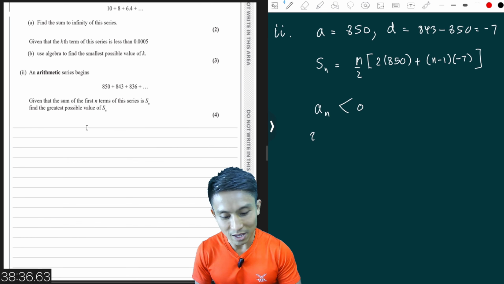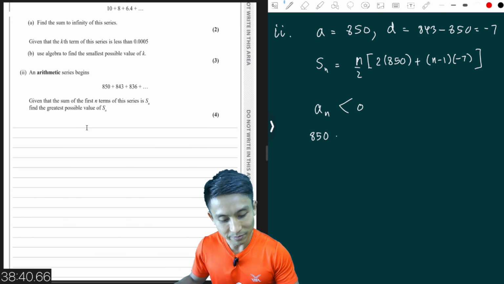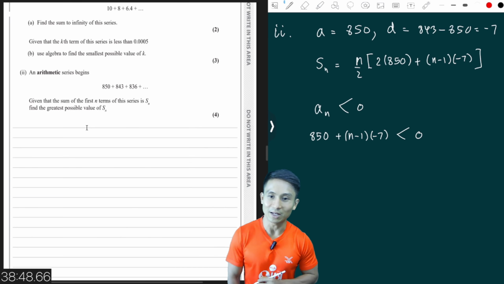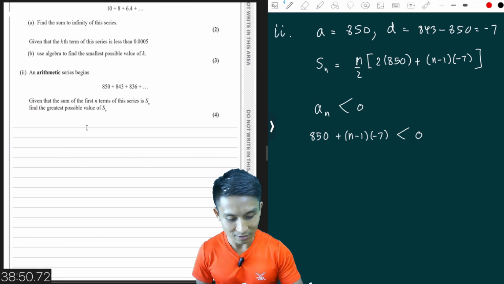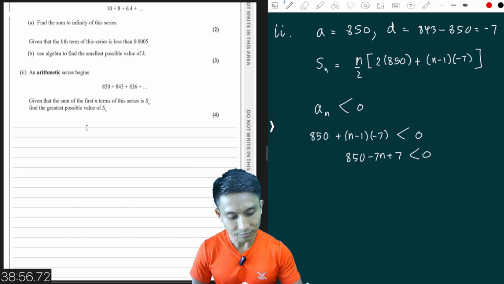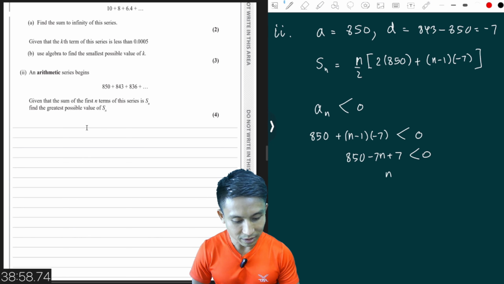So I have an being the first term, 850, plus n minus 1 times minus 7. And we're going to put this less than 0 to find what n should be before it gets negative. So 850 minus 7n plus 7 less than 0. So 7n must be greater than 857.